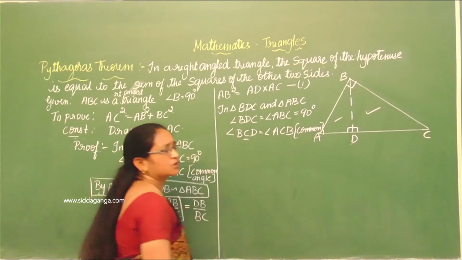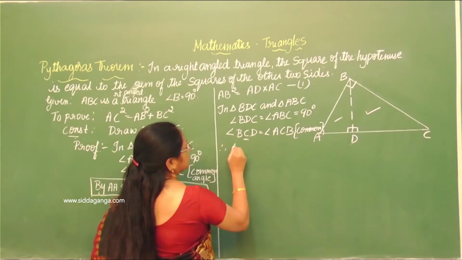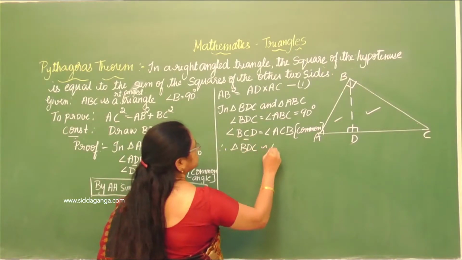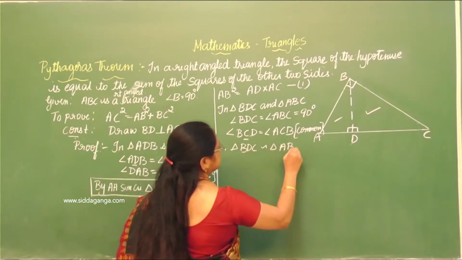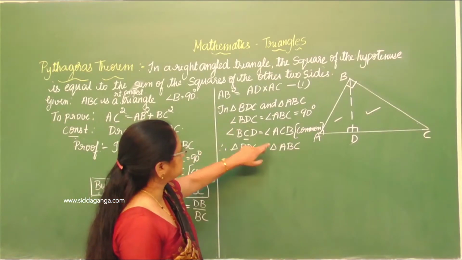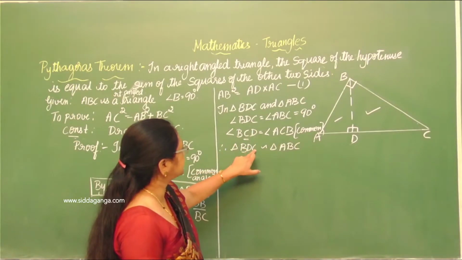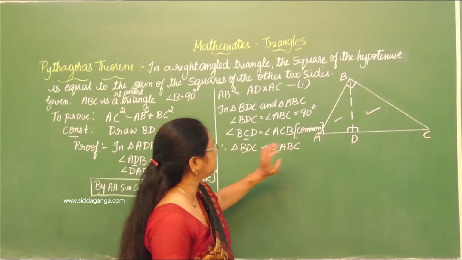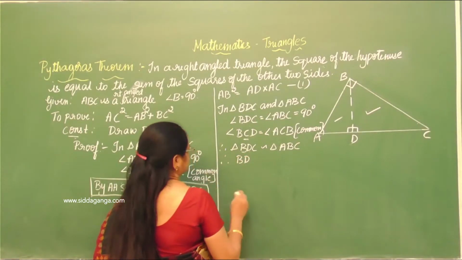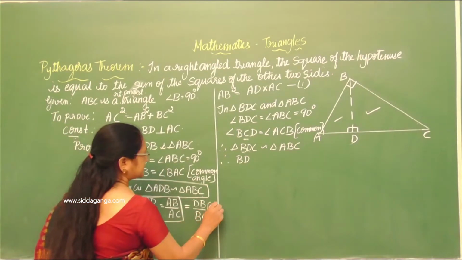Okay, common. Therefore, triangle BDC is similar to triangle ABC. Do you agree with this? See, check once again. BDC is equal to ABC. BCD is equal to ACB. Therefore, by CPST, you can write CPST here.